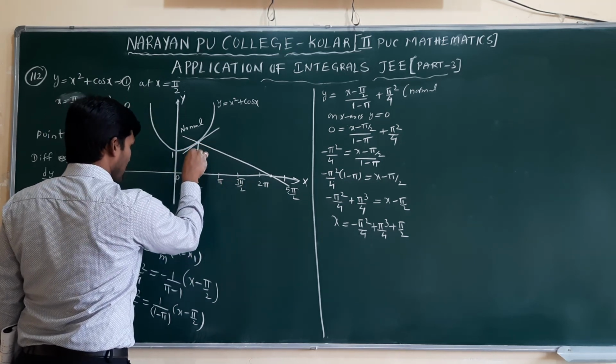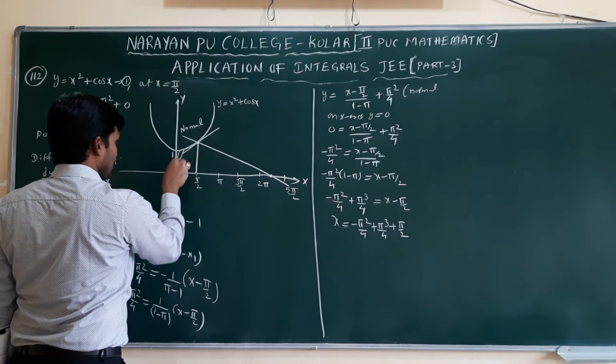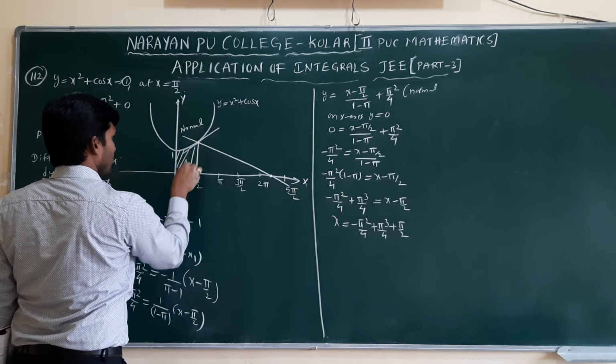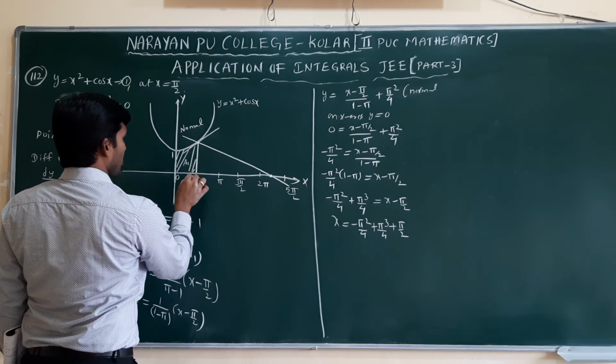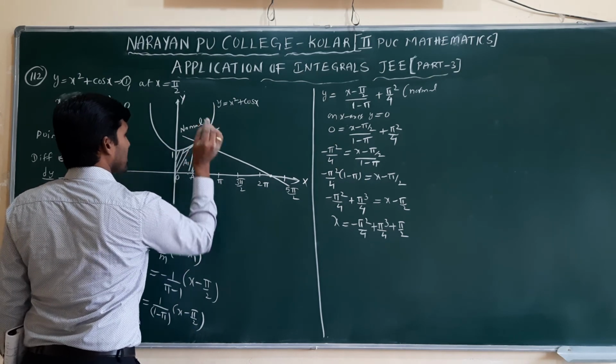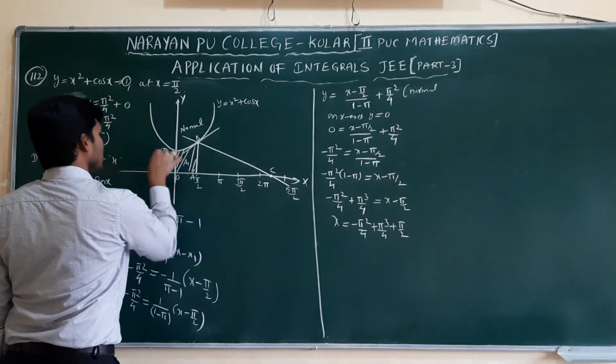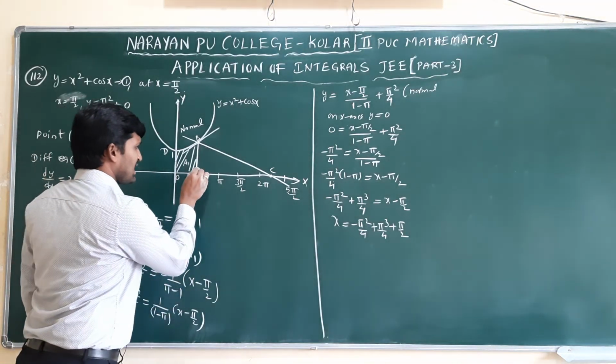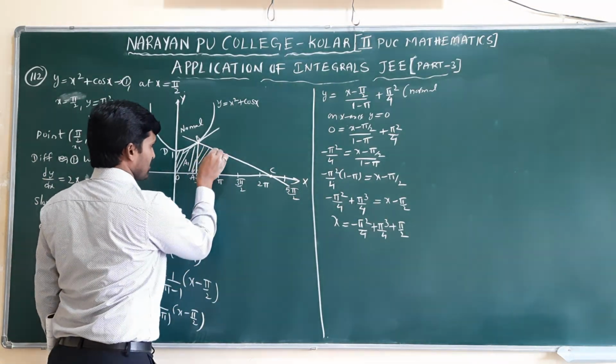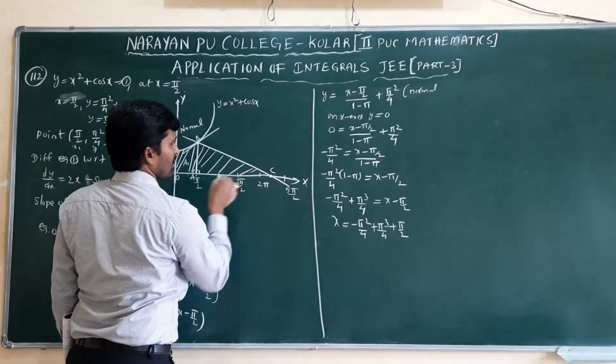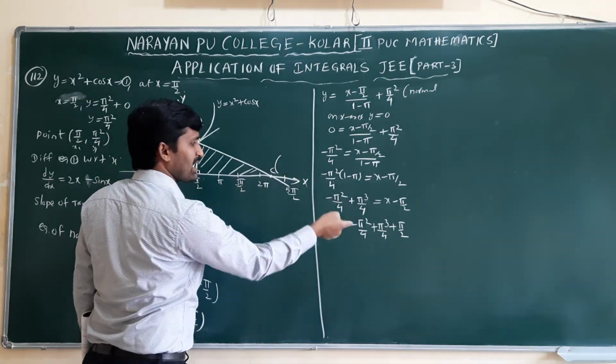I will make it into two parts. This is one region. I will take the points A, B, C and this is O. This is clearly a right angle triangle, to find this region.